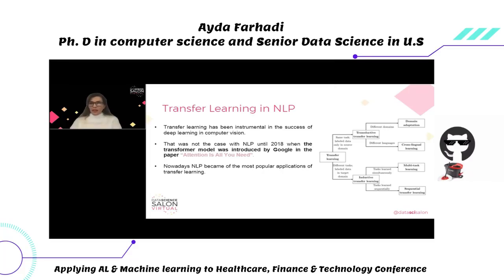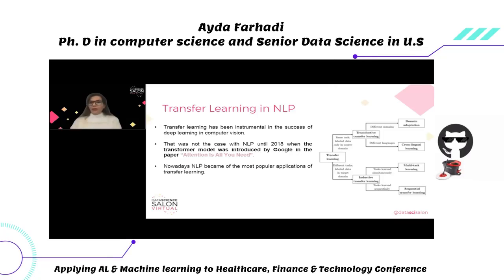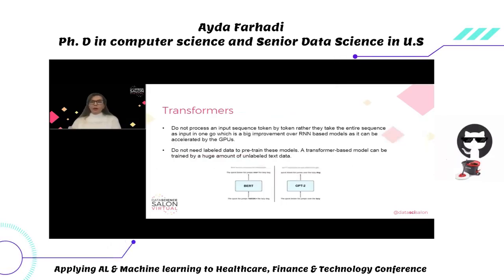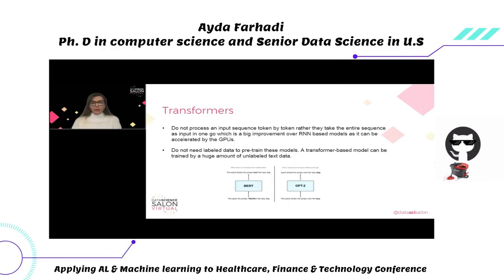That was not the case with the NLP until 2018 when transformers came into play. And on the right side, you can see different branches of the application of transfer learning, which is the same as the general categorization. The popular transformers, as I explained, are BERT and also GPT-2. Also, there is a new version of the BERT.